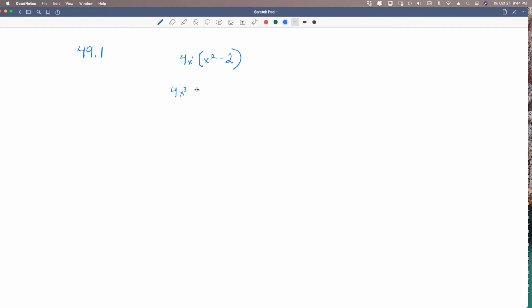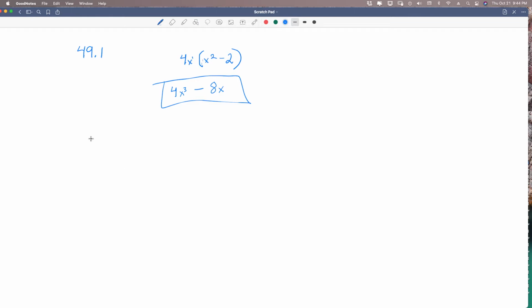We bring down our operator and we say 4 times 2 is 8. And then x times, there is no variable, so we have to keep the factor of x in here. So we just bring it down. It becomes 4x times 2 becomes 8x. And this would be our result.